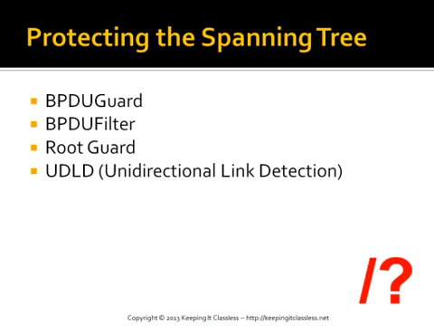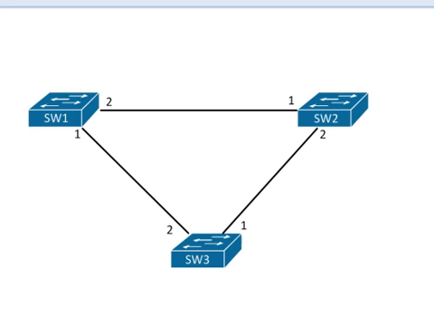Root guard's interesting because it allows us to specify ports that should never become root ports. So let's go back to our trusty topology over here, and let's say that our desire is to keep switch 1 as the root, as it has been in this entire video. And let's say a hacker gets into this switch and says, you know what, I'm going to change this switch's root priority so that I become the root.